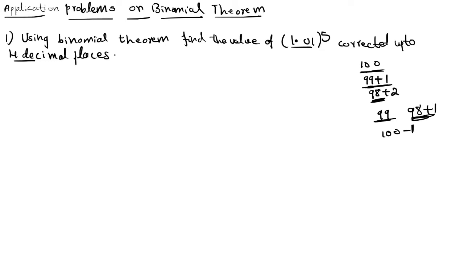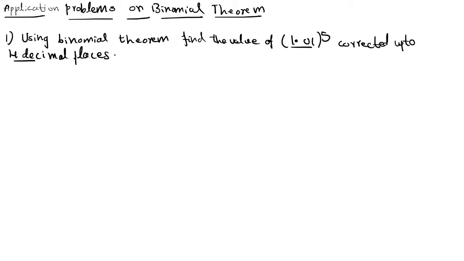Instead of selecting 98 plus 1, it is better to select 100 minus 1, because while applying binomial theorem you will get 100 to the power 1, 100 to the power 2, 100 to the power 3, 100 to the power 4, likewise. It's easy to calculate, right? 100 to the power 2 means you need to put 4 zeros, likewise 100 to the power 3 means you need to put 5 zeros, likewise you can easily calculate.